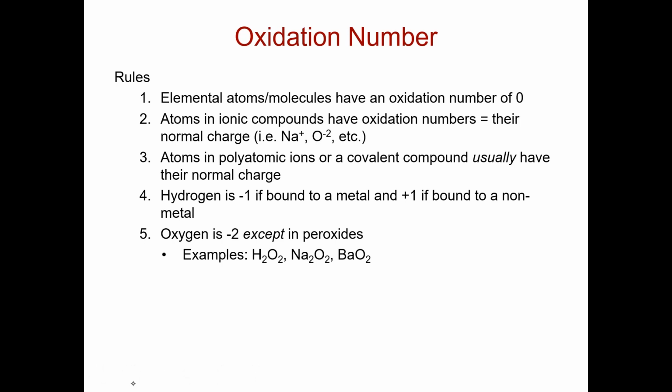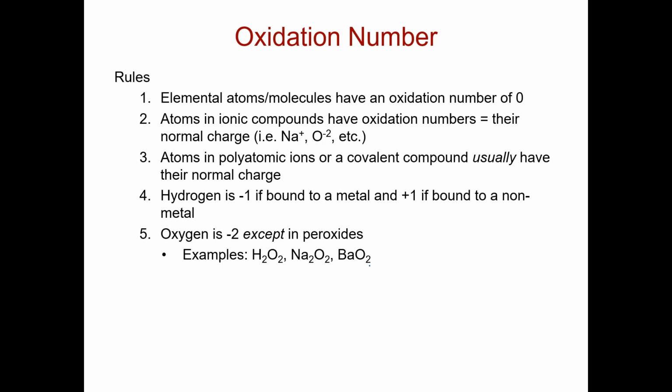So one of the most common examples of peroxides that you might actually even have in your home is hydrogen peroxide. So the hydrogen peroxide that you keep in your bathroom cabinet is usually like 3% or something like that. But it's a formula, H2O2, mixed with about 97% water. But things like Na2O2 or BaO2 are also peroxides.